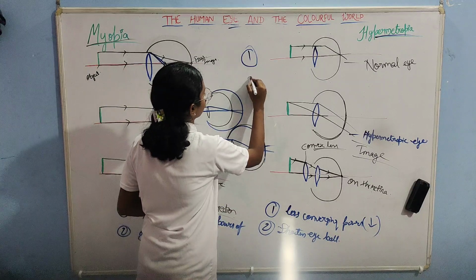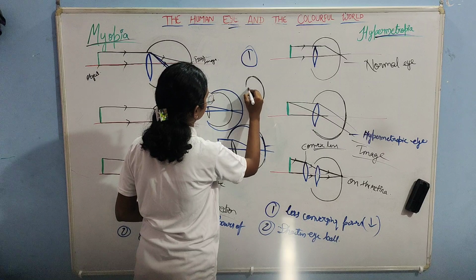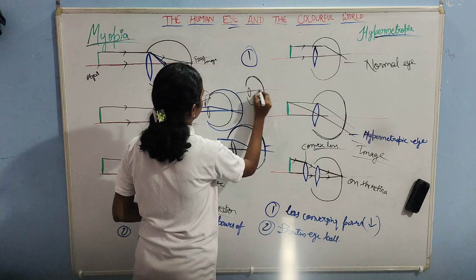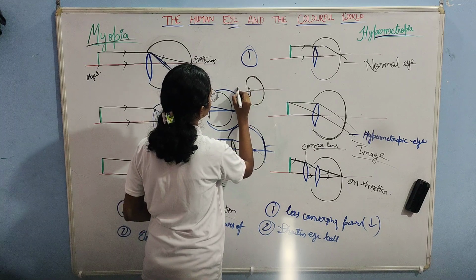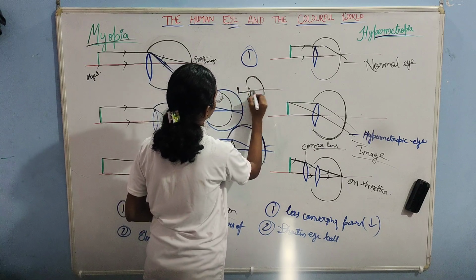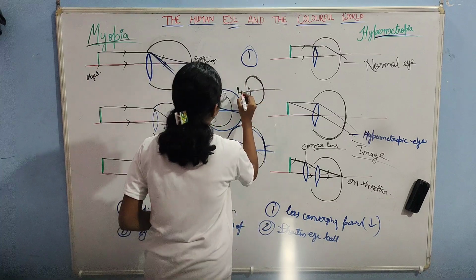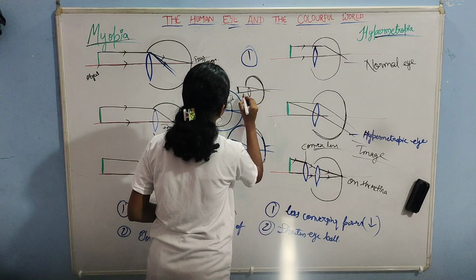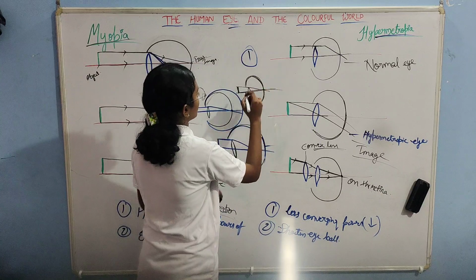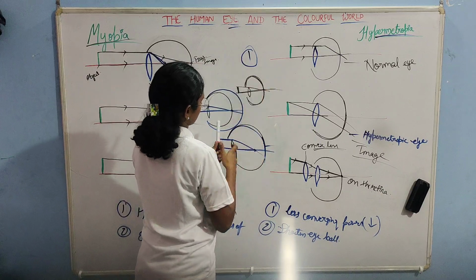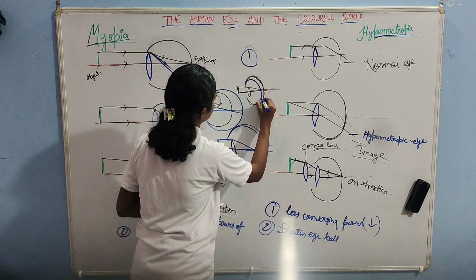That means if this is the eye, firstly the image will form here on the retina. If this eyeball becomes shorter, it becomes like this.